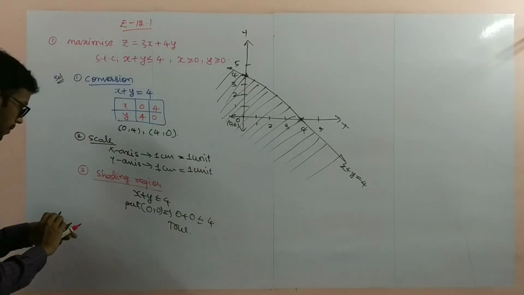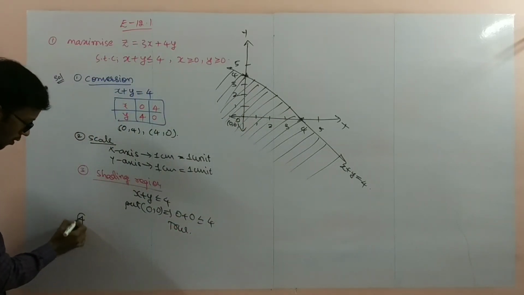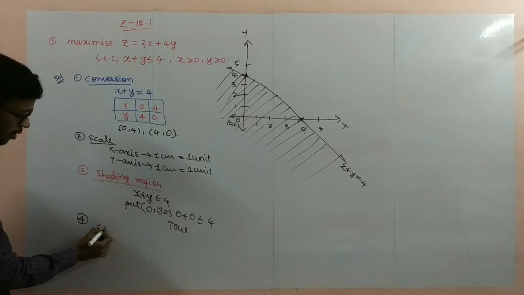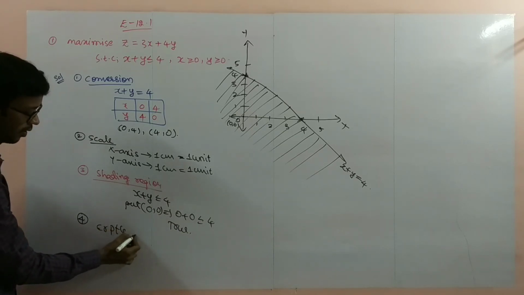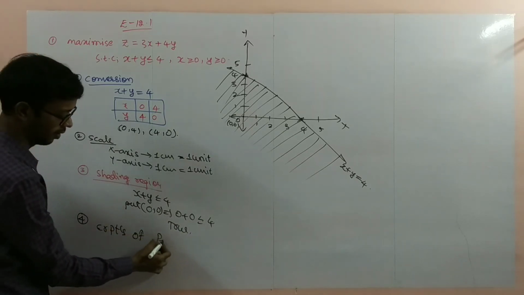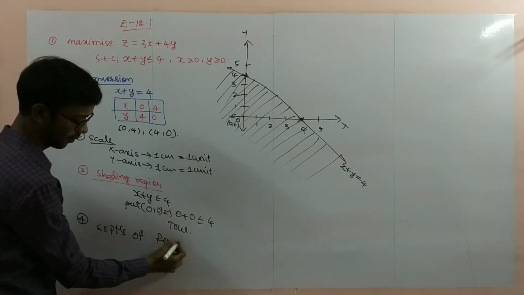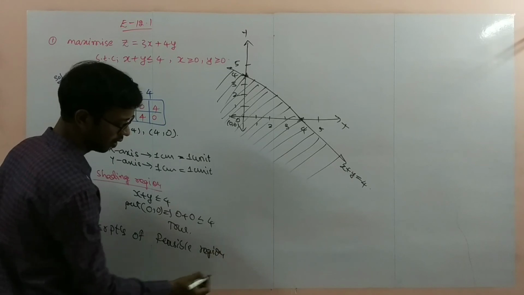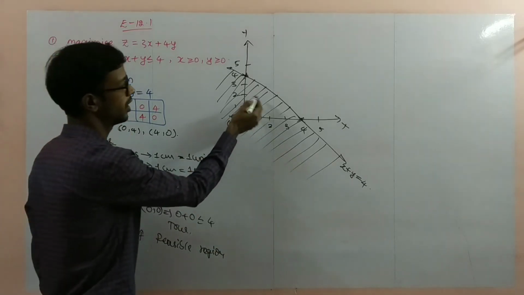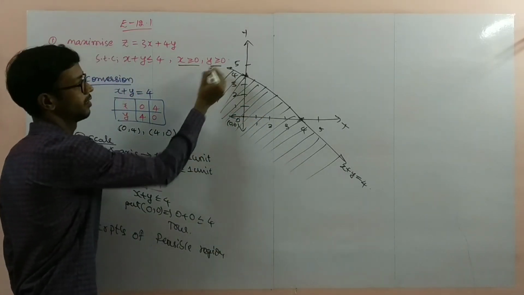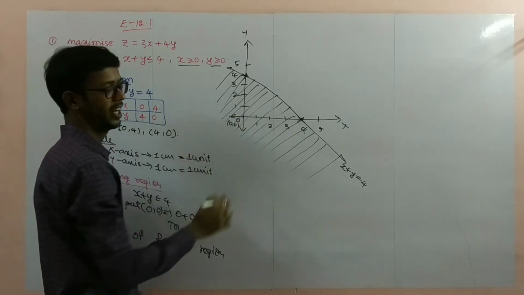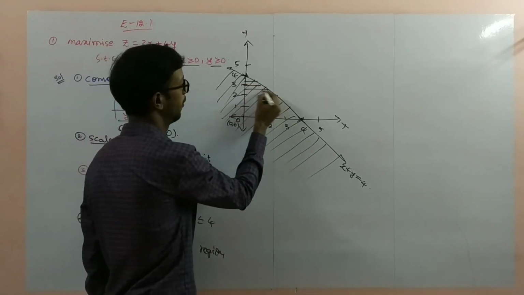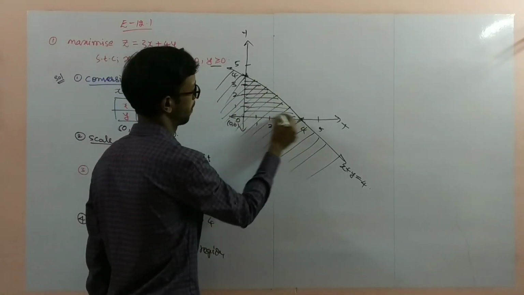Now the fourth point: corner points of the feasible region. So what is the feasible region? With the constraints that it is only the first quadrant, this shading region is the feasible region.